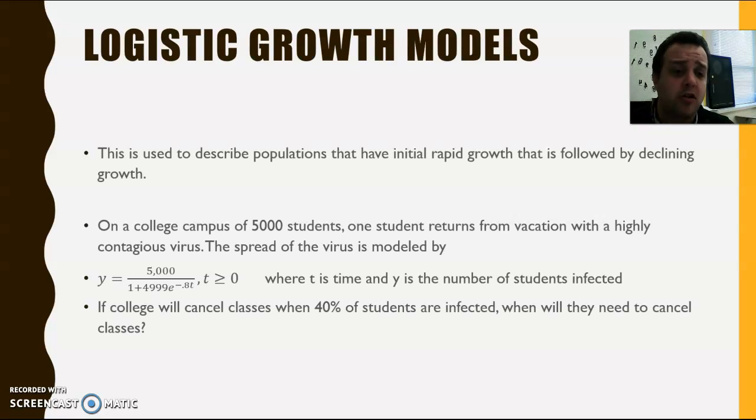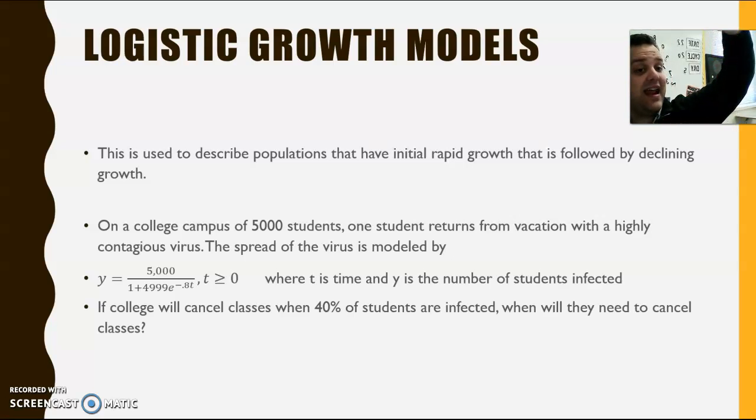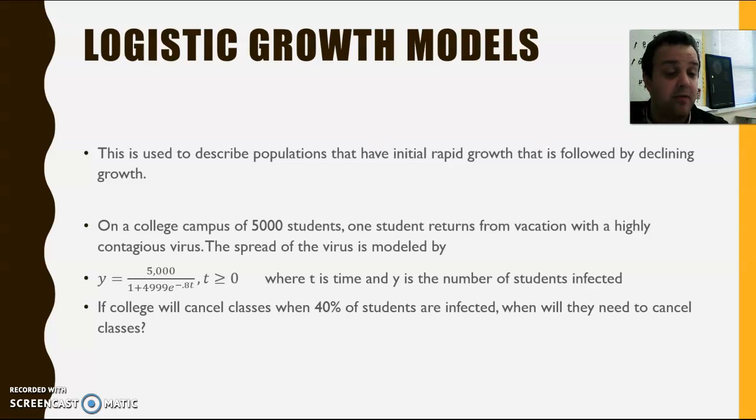The next one we're going to use is called a logistic growth model. If you look at the picture of this one on page 423 in your book, you're going to see this is one where it grows and starts to look like it's growing exponentially, and then it tapers off and curves out. We actually have a real good example of that going on at the time of recording this, during the coronavirus. This is the example they use in the book, a virus spreading, because this is normally how viruses spread.